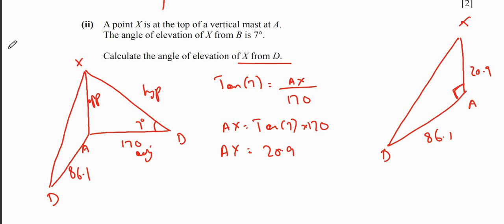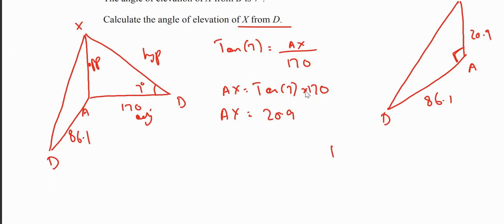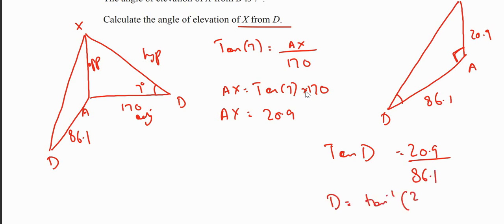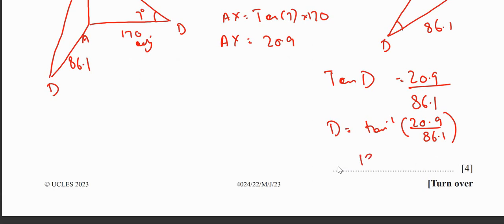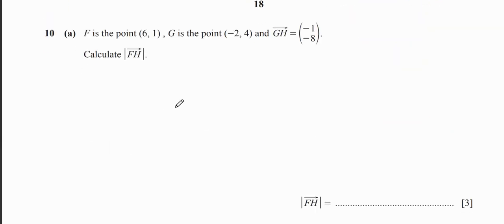I couldn't make the diagram like that. So you will say tan D, because we are finding this angle, is equal to opposite, which is 20.9, upon adjacent, which is 86.1. So D is equal to tan inverse of 20.9 upon 86.1. So your answer is going to be 13.6 degrees. Now we'll move on to our final question, inshallah.